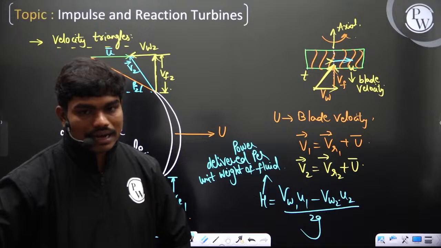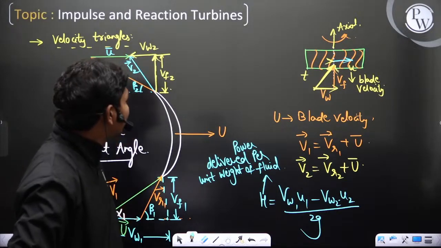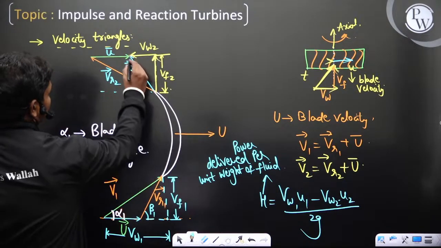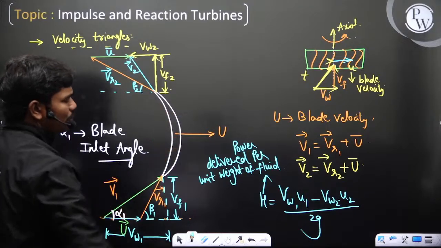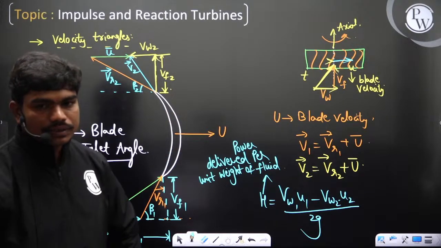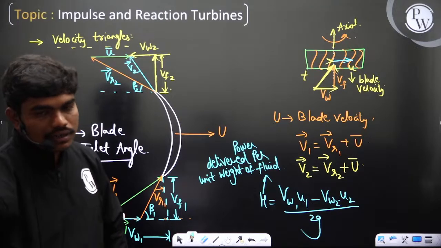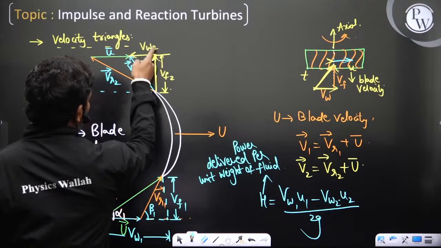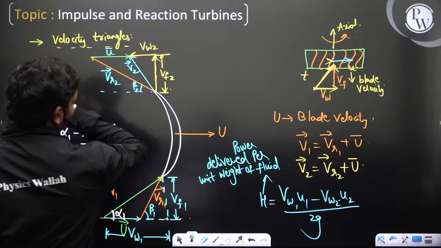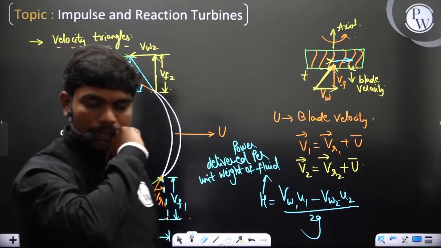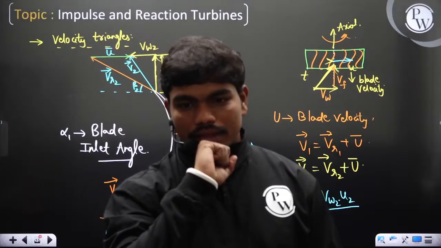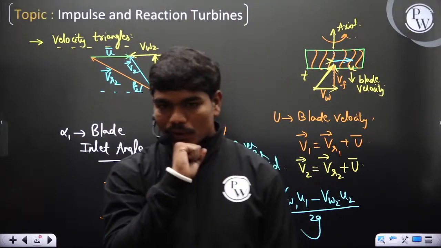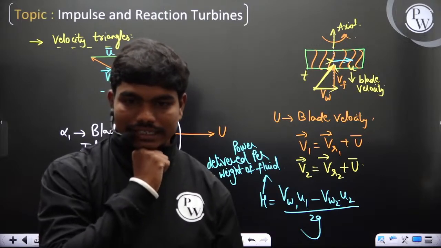See carefully what happens to VW2. I'm telling beta 2 is 90, not alpha 2. Okay, this is alpha 2 actually, but I'm not talking about alpha 2. I'm talking about beta 2. If beta 2 becomes 90, what happens to this VW2? I've asked the question directly.